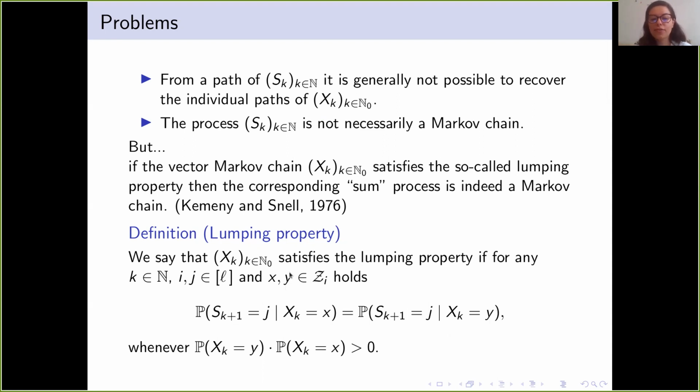So independently of which vector of the space I have. So I only care basically of the number of ones that this vector has. If this property holds, then the sum is again a Markov chain.